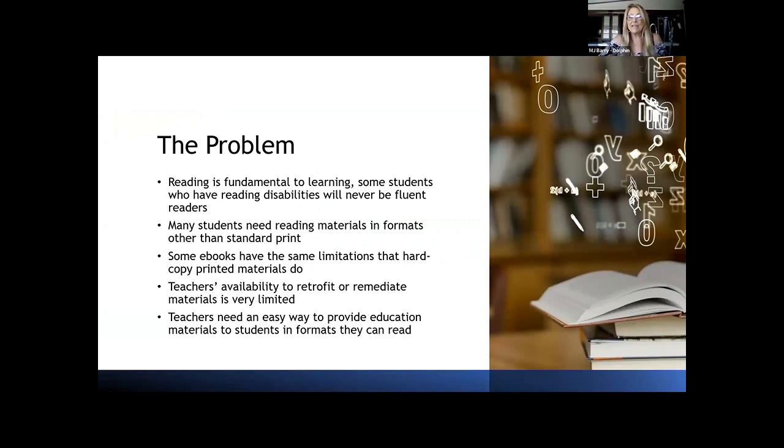Lots of students need formats other than print if they're using other assistive technology devices: AAC devices, readers, handheld readers, screen reading, even students with dyslexia who need to have the text read back to them, large print, braille, all of those things.